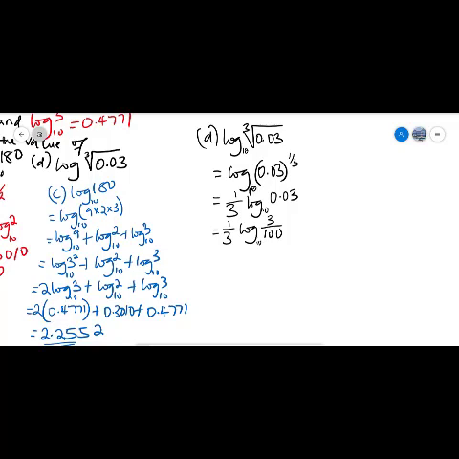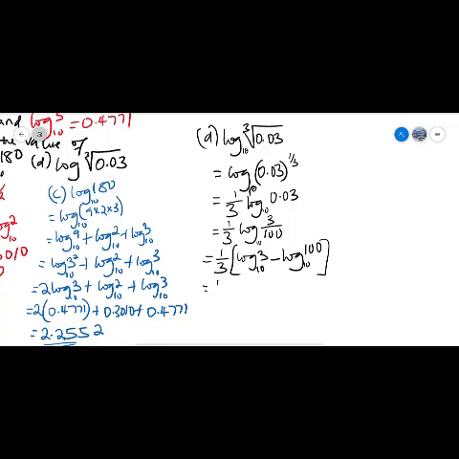So now to continue my solution, I have 1 over 3 times. Now remember the law of logarithm, when we are having a division and we split, we will subtract. So we have log 3 base 10 minus log 100 base 10.